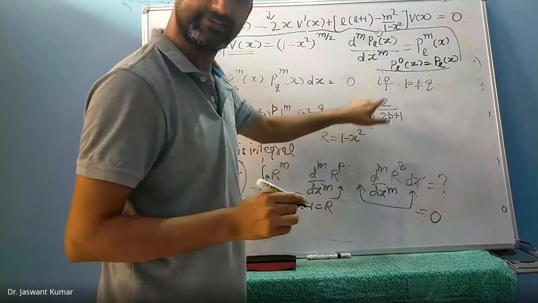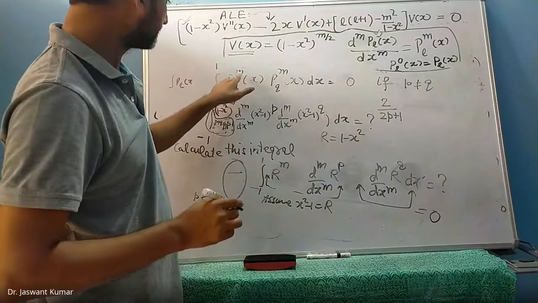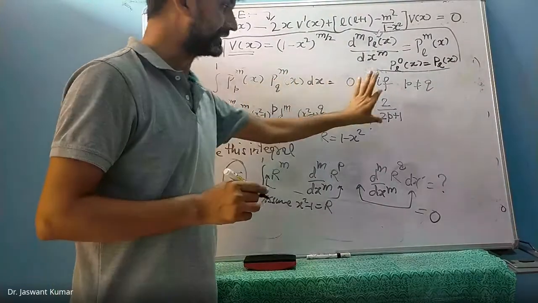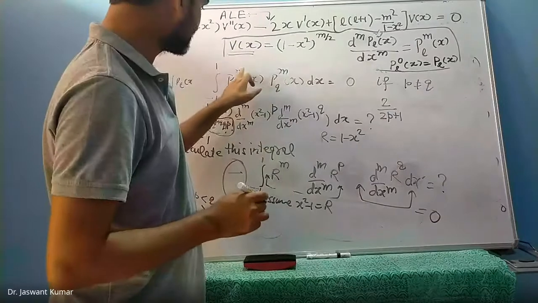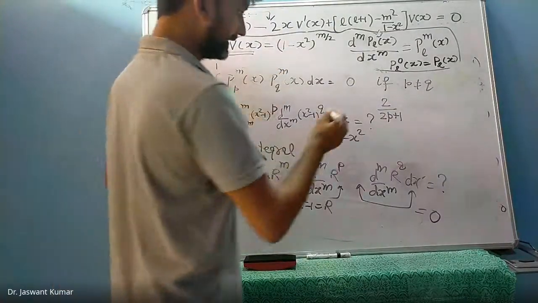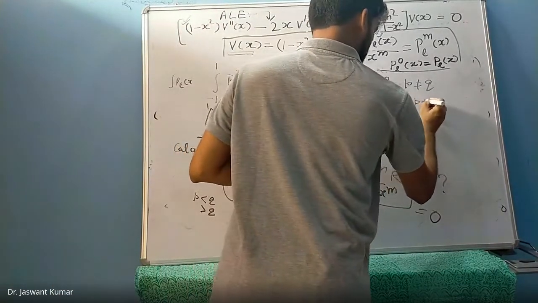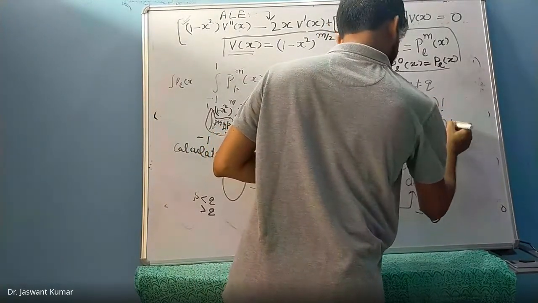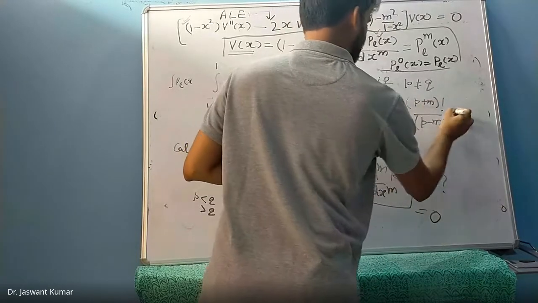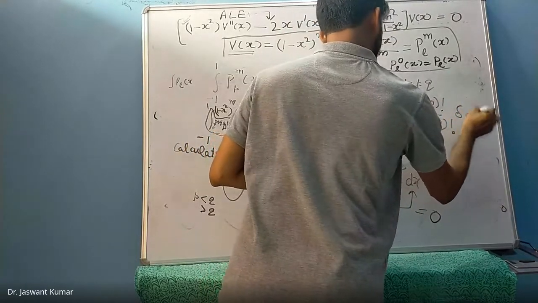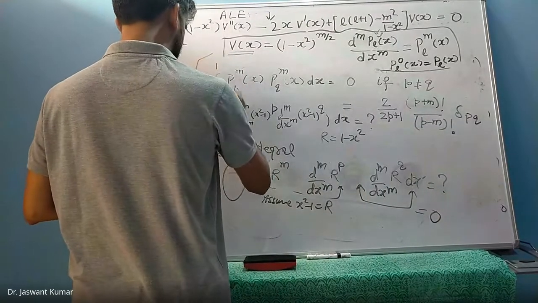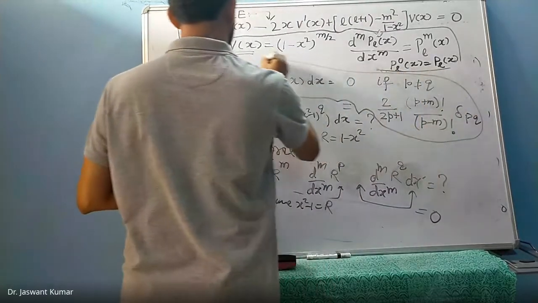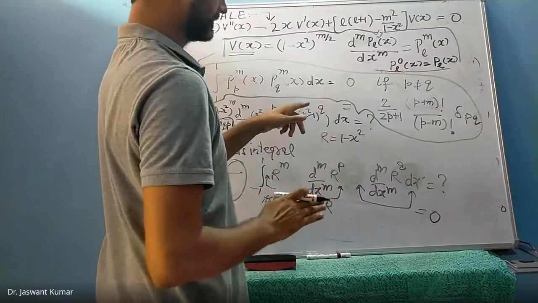This 2 by 2p plus 1 is only because, suppose this m was equal to 0. Then this ppx, pqx, dx will give you this. But since this m is not equal to 0, another term that you will get is (p plus m) factorial by (p minus m) factorial.